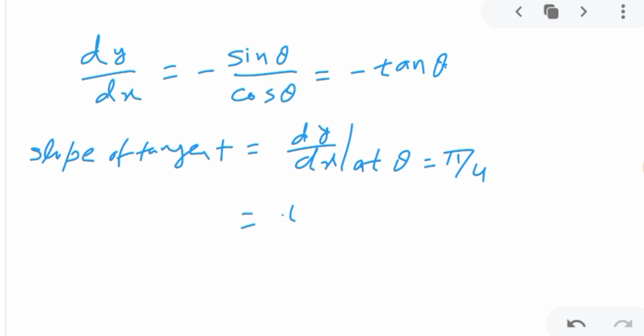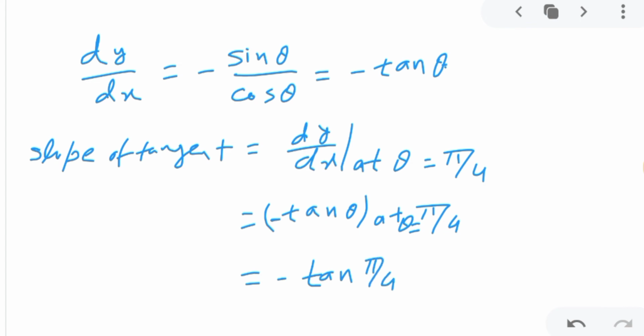So I will write minus tan theta, with the value at theta equal to pi upon 4. Tan pi upon 4 is 1, so minus 1, correct. So the slope of the tangent we got is minus 1.